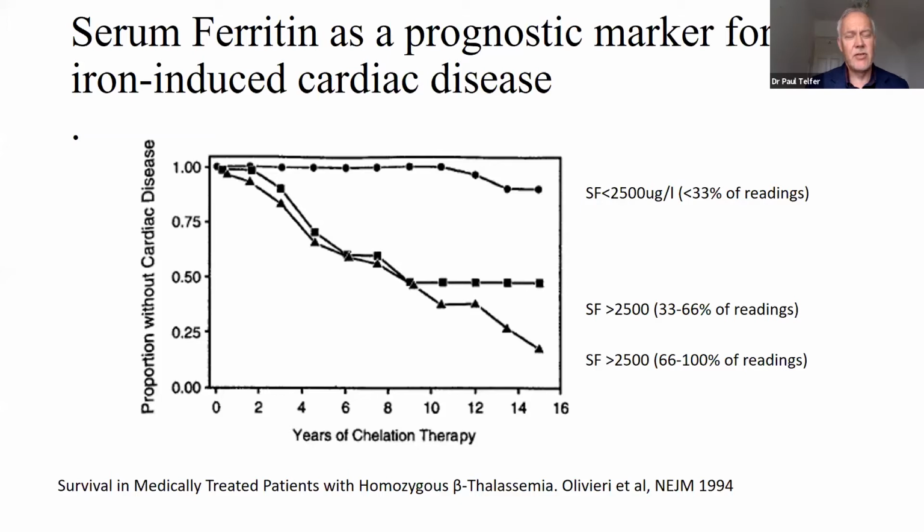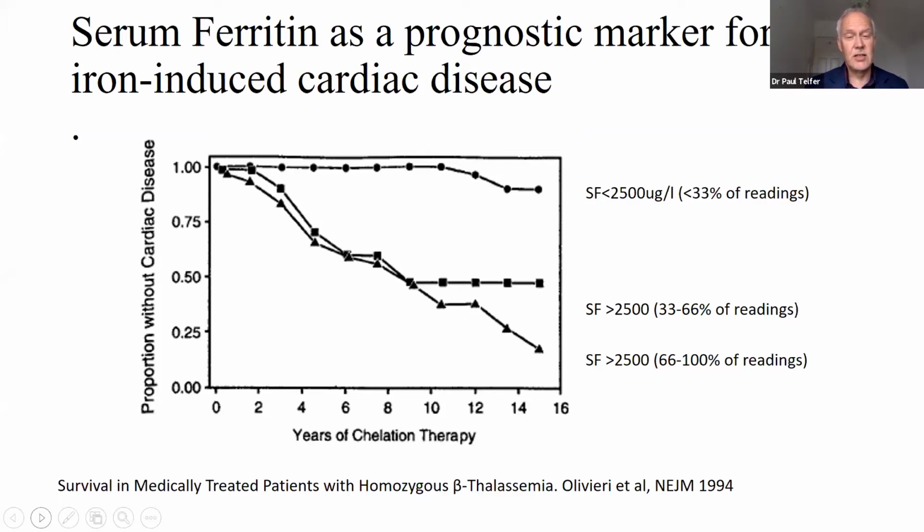And although there are possible problems with the use of ferritin, which I'll list in just a second, we know from various studies, some of them quite old, and mostly relating to iron chelation with desferrioxamine in the early years of thalassaemia treatment, that values of serum ferritin over time have been associated with clinical outcomes.